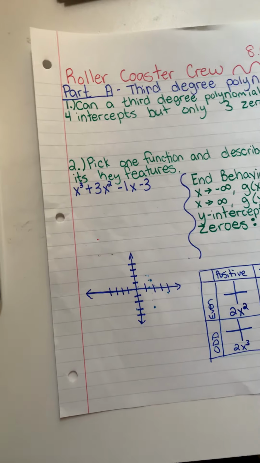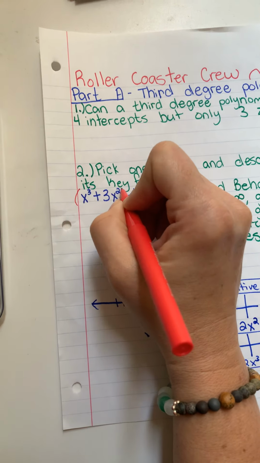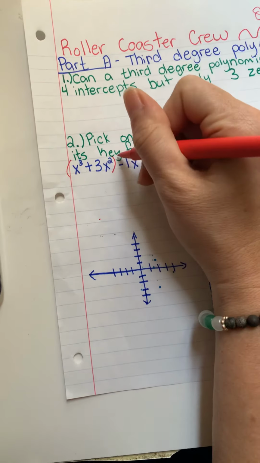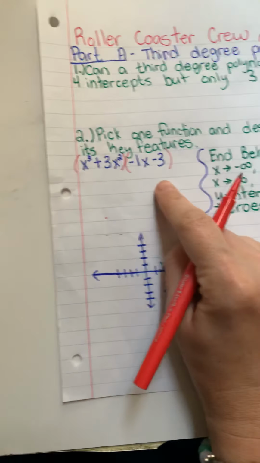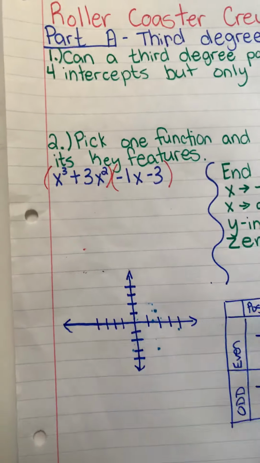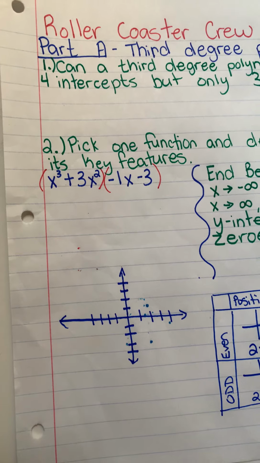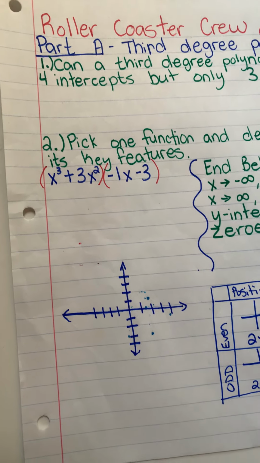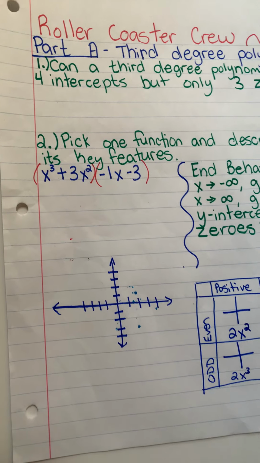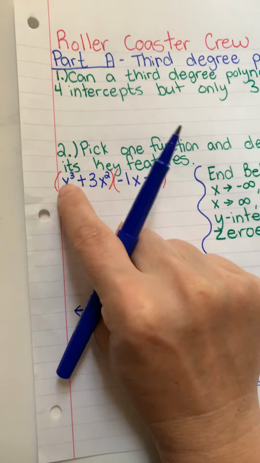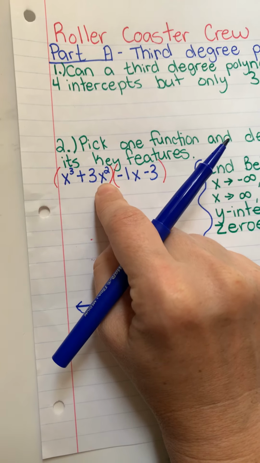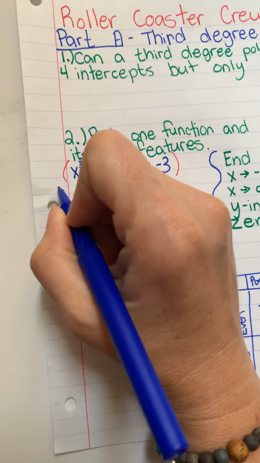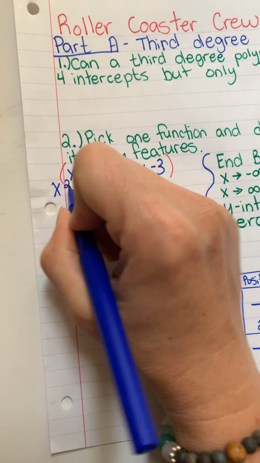The numbers are smaller. So the first thing I'm going to do, you guys remember how to group these so we can break them down and factor them. So I want to group these negatives together and get that negative out of there. These two, x cubed and 3x squared, have the x squared in common.